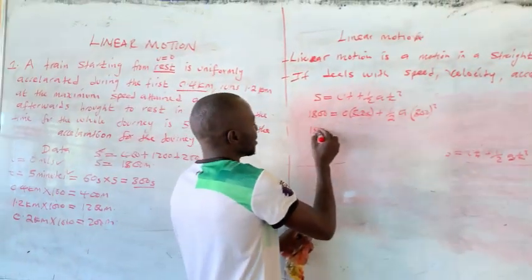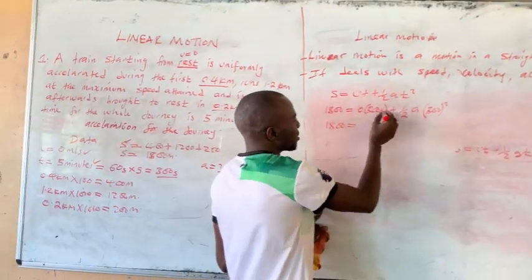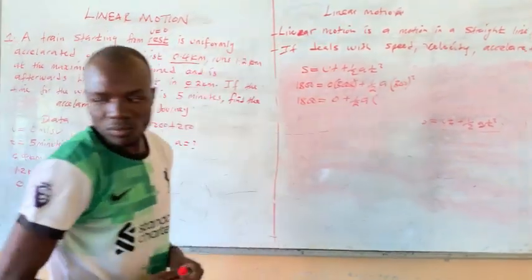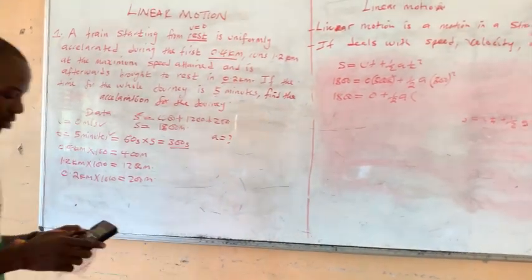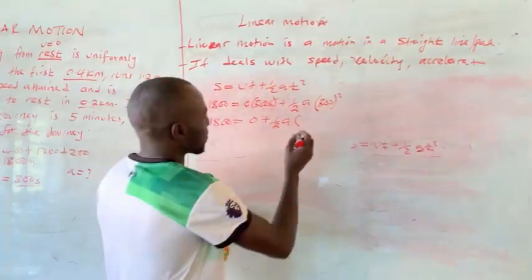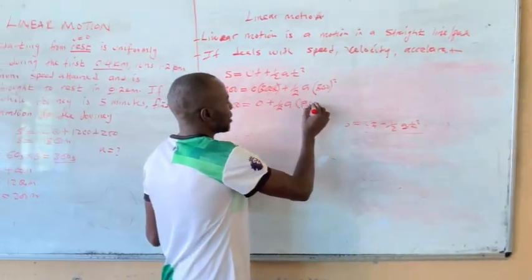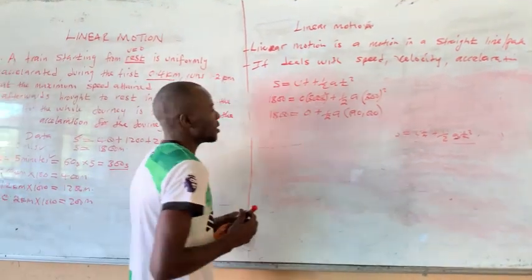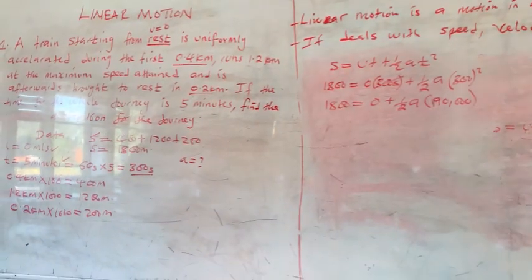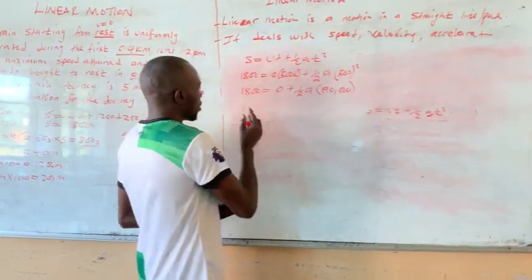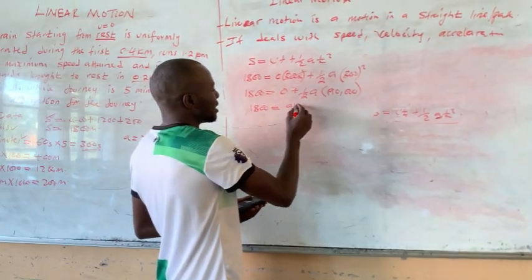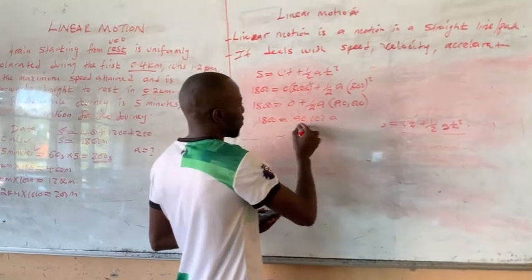So 1,800 will be equal to 0, since the initial speed is 0, plus 1 over 2 a times 300 to the power 2. 300 squared gives us 90,000.